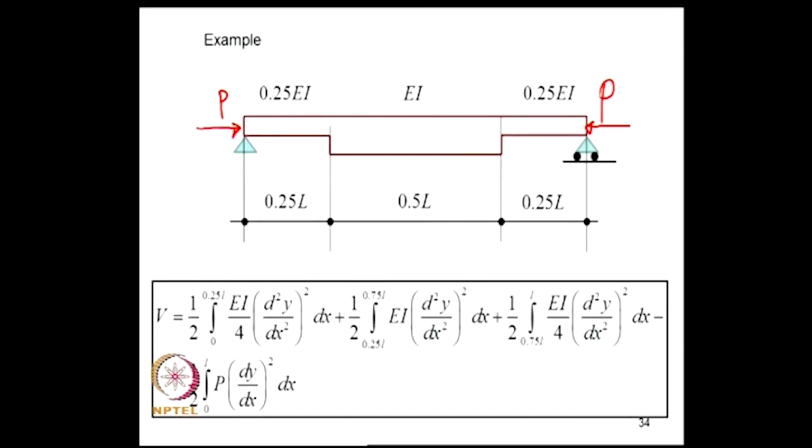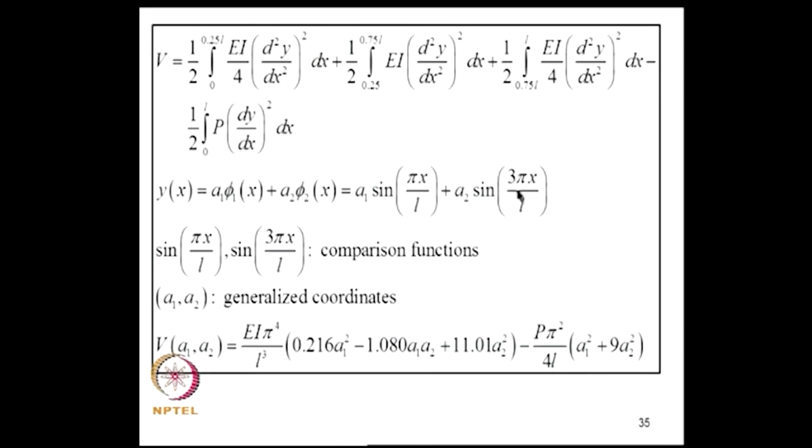On the other hand, since the beam is inhomogeneous, sin pi x by L will be a comparison function. So, I am considering these two comparison functions and A1 and A2 are the generalized coordinates. I can substitute this and perform the integration. If I do that, I get the total potential in terms of generalized coordinates A1 and A2.